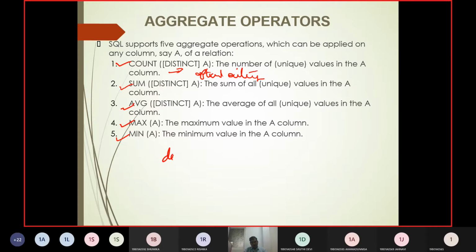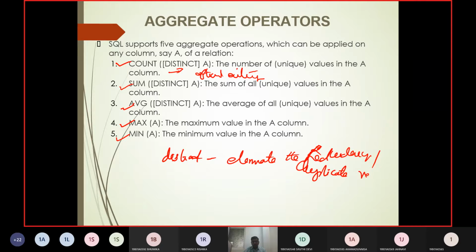Distinct is going to eliminate the redundancy, or it is eliminating the duplicate values. So what is the technical definition of the count?